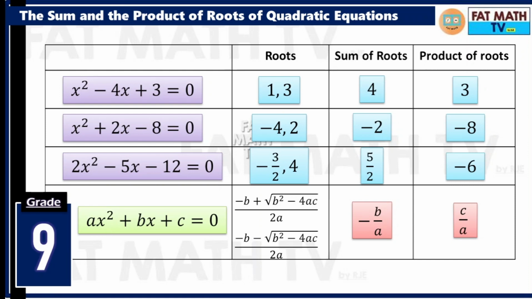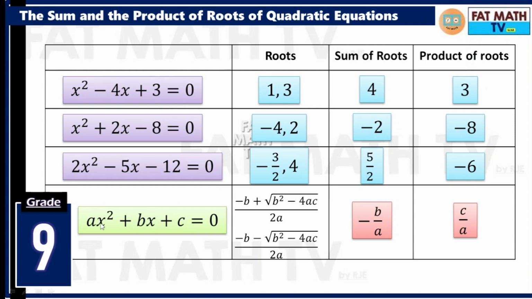So what we did here is we had this by observation in the pattern that we have in the 3 examples. But we can also derive these sum and product of roots using the roots of a quadratic equation ax squared plus bx plus c equals 0 using these roots from the quadratic formula.